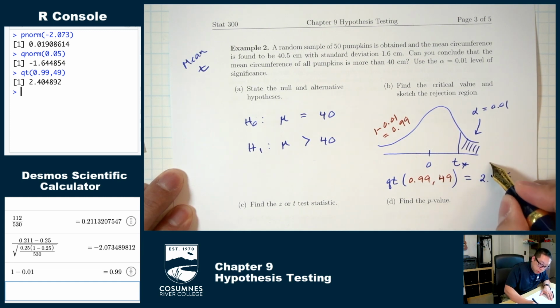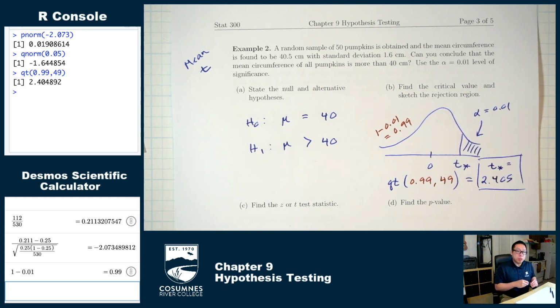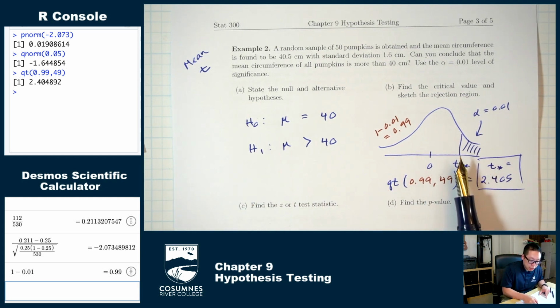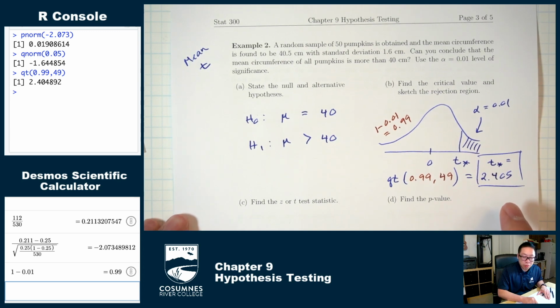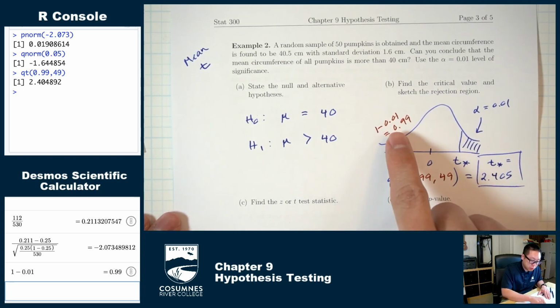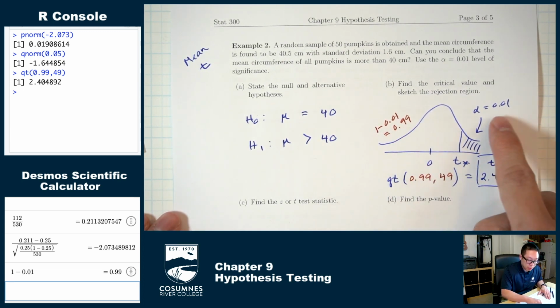This is a T star. Now make sure it matches your picture. So our picture was shaded to the right, so we expected a T star that was positive, and we got a T star that was positive. Now, if you got a negative T star, you did something wrong. And what you probably did wrong was you forgot to do a 1 minus on the alpha, right?